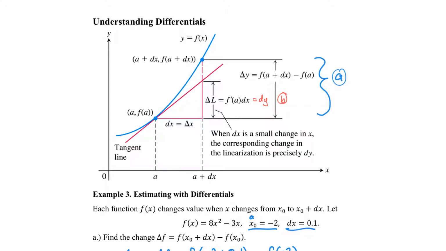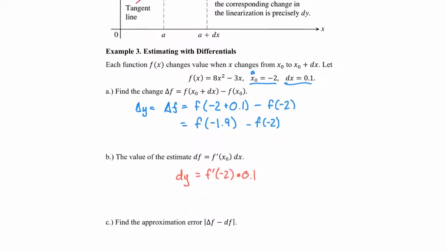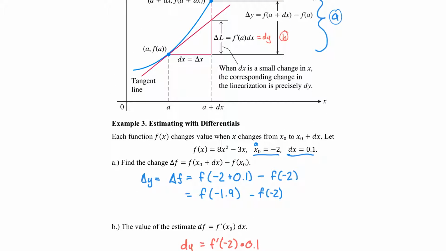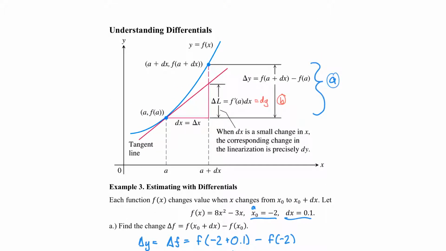Then the last thing we have to look at, let's slide back down here, is we need to find the approximation error. That is to say the difference in these two values. Let's notate this in red.